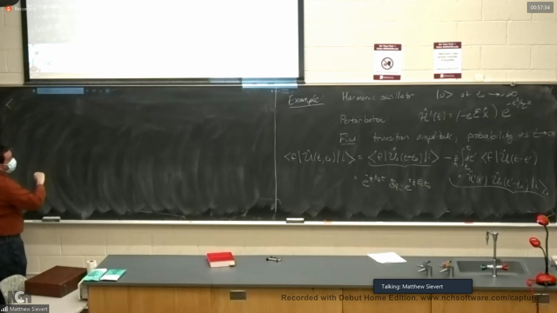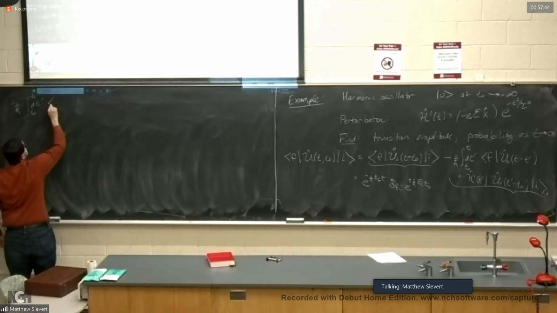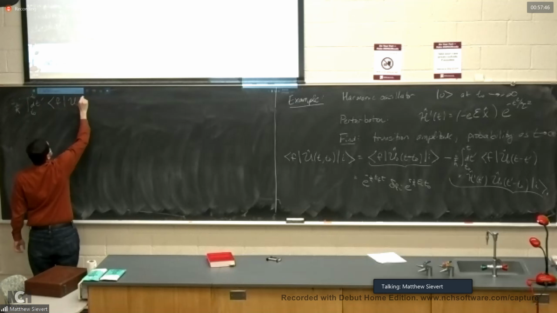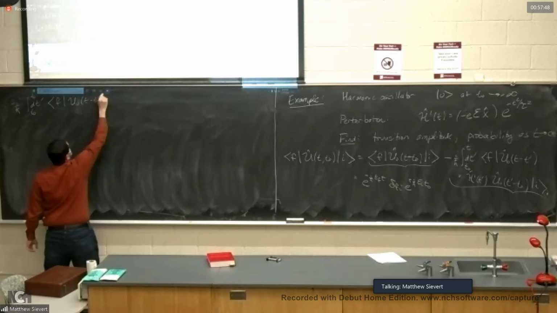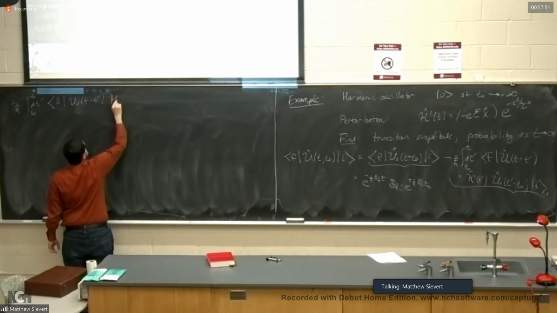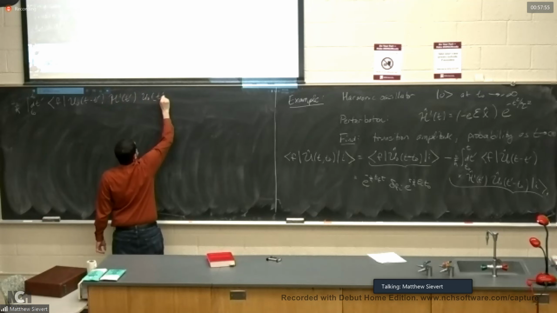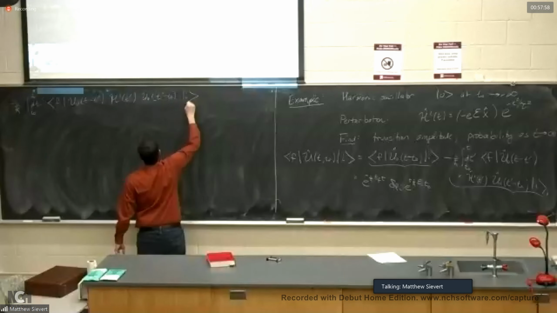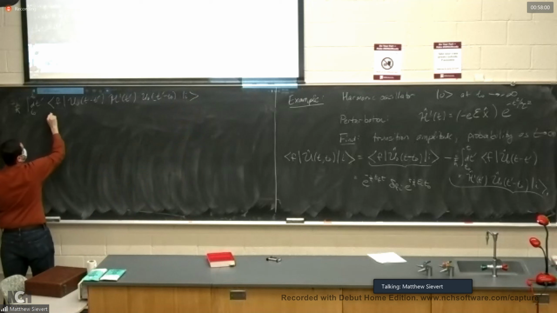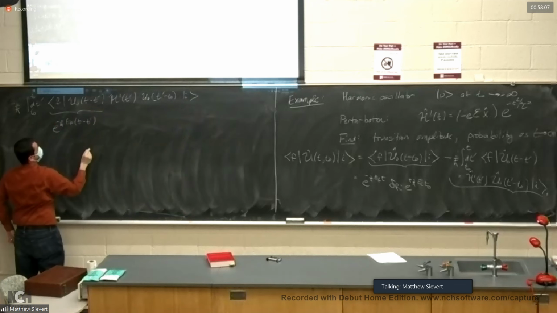So what we have there on the right-hand side, the second term, we had minus i over h bar integral dt prime from t naught to t, final, U naught of t minus t prime, H1 of t prime, U naught of t prime minus t naught, times the initial state. So this guy, just like before, is e to the minus i over h bar, E final, t minus t prime.